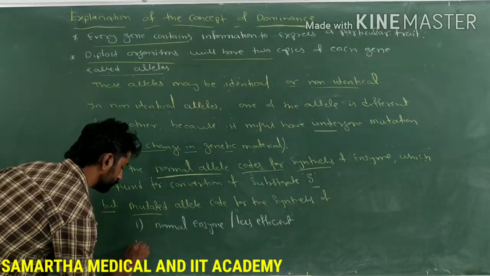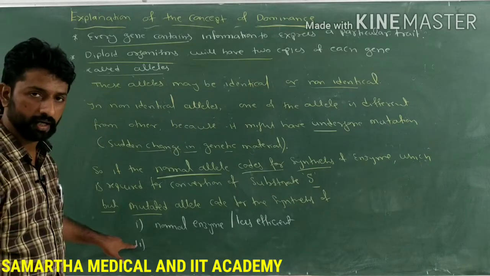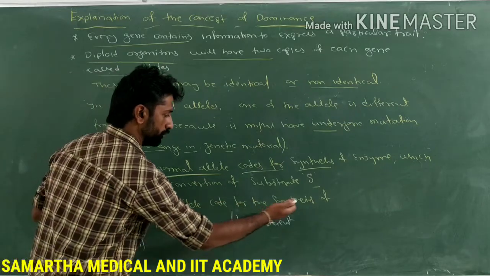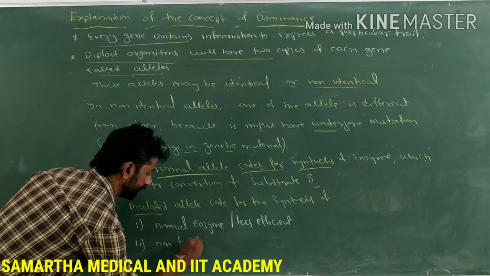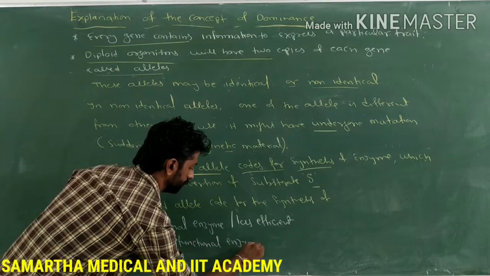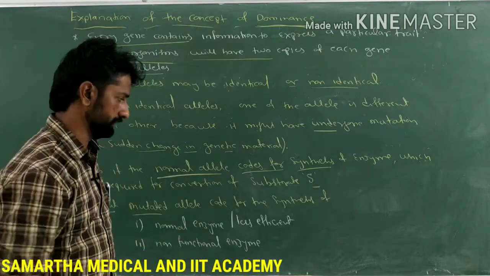The second possibility is that the mutated allele may code for the synthesis of a non-functional enzyme. It codes for the synthesis of an enzyme, but that enzyme is non-functional.